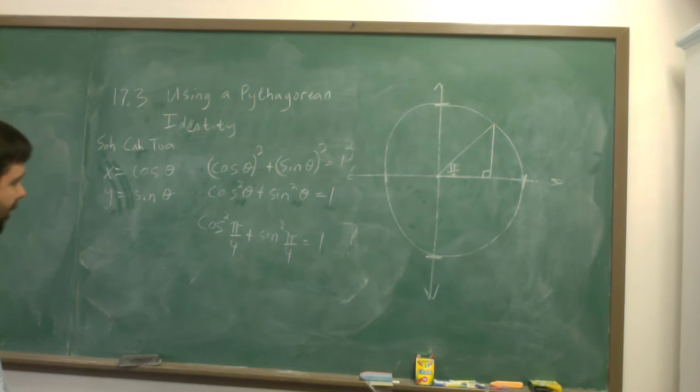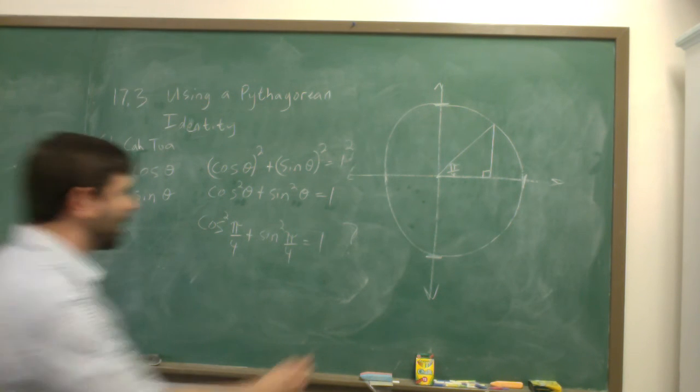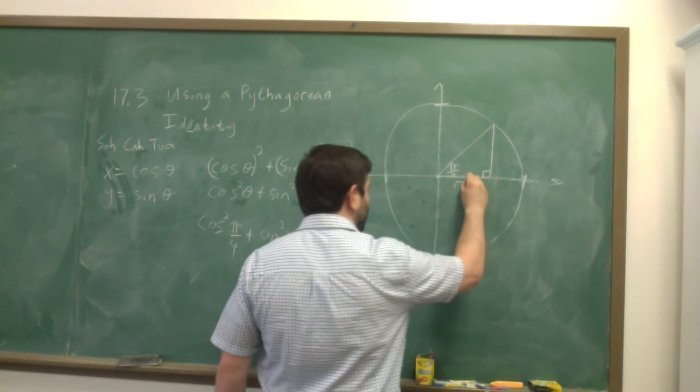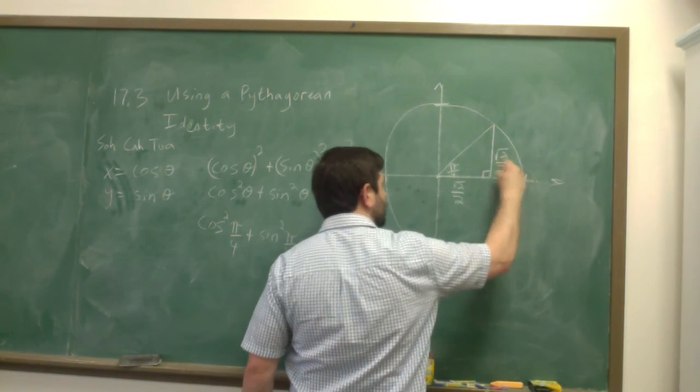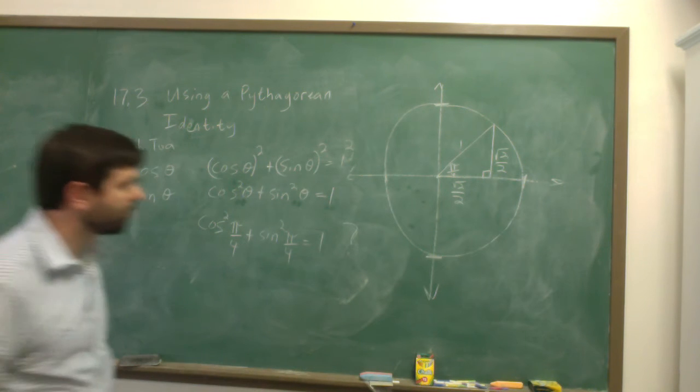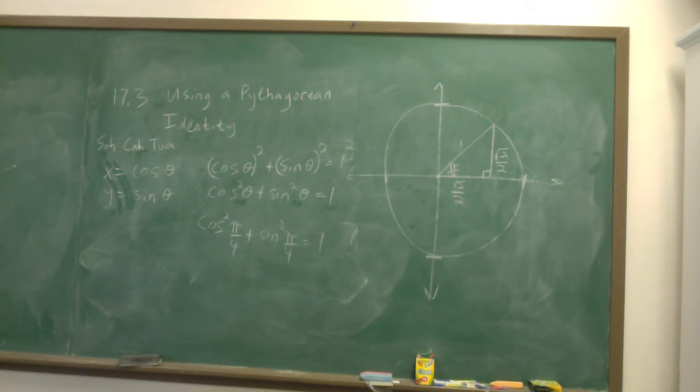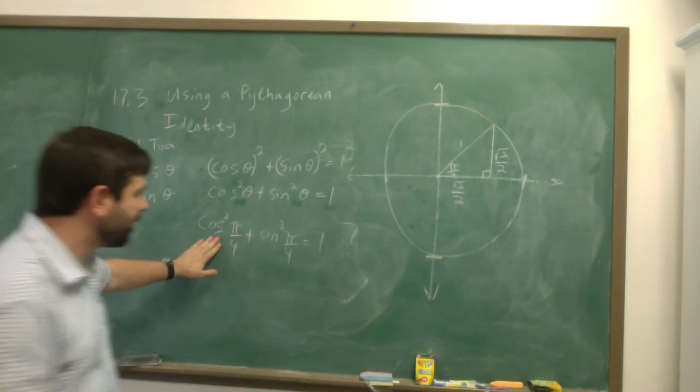We're going to see if it's true. Cosine of pi over 4, well, we said we're going to have root 2 over 2 and root 2 over 2 and 1 for our lengths. And we just established that. Cosine of pi over 4.